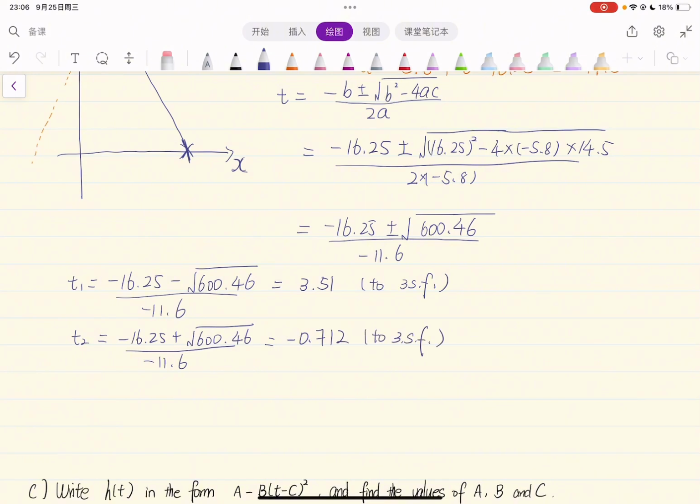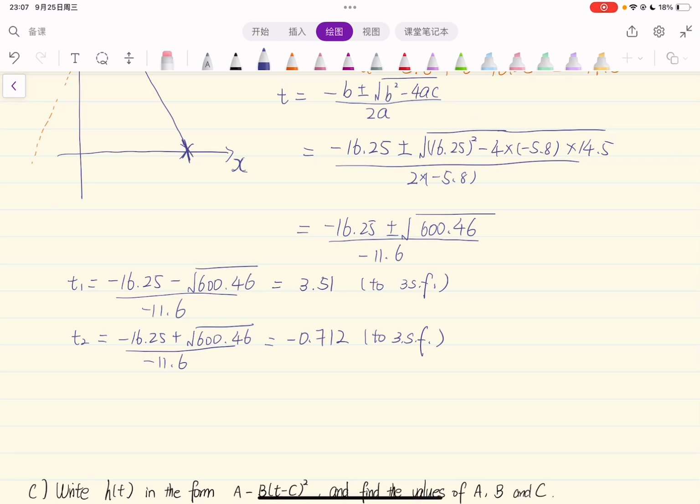We usually write up to 3 significant figures. In other cases, if the question asks you to write 2 significant figures, then you should write that.